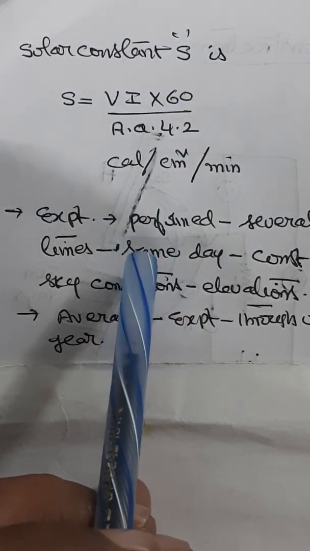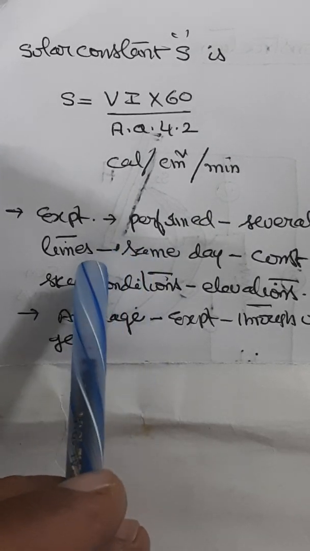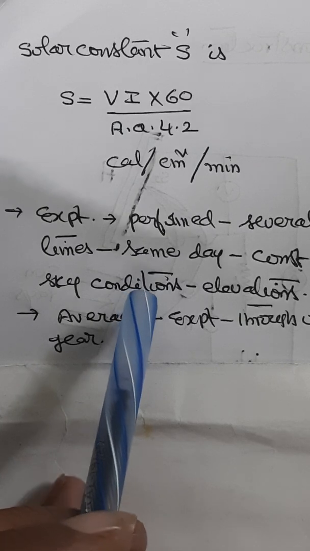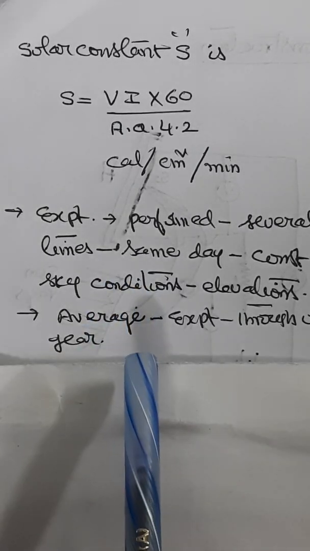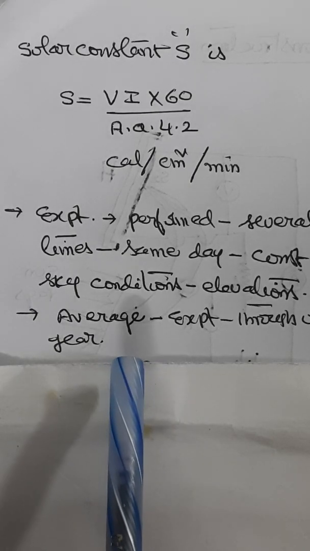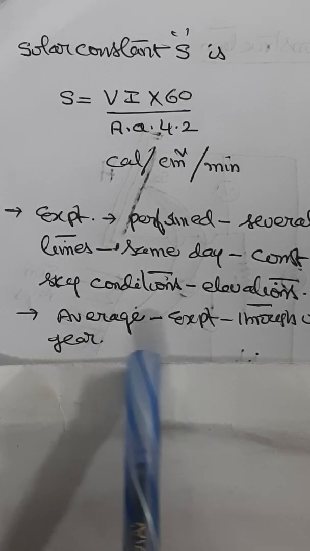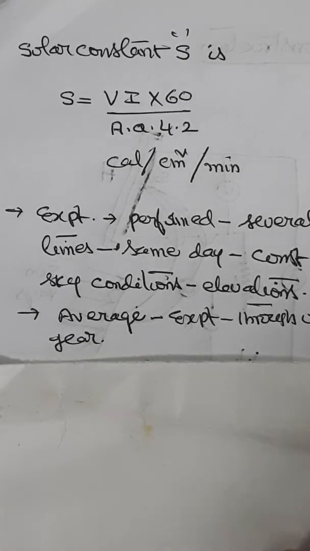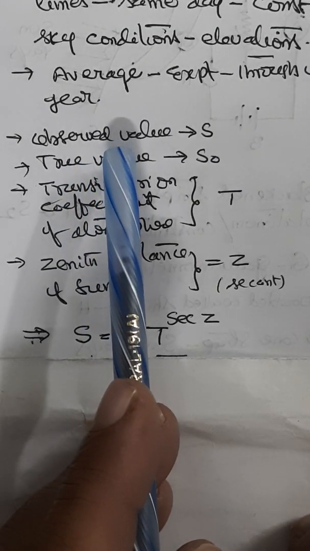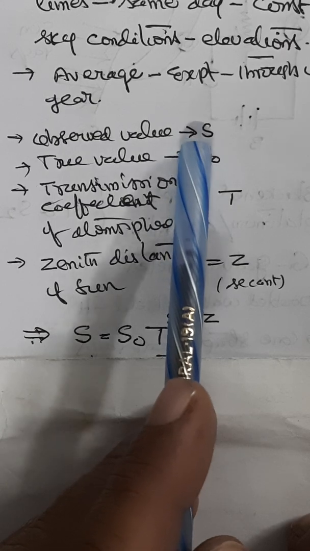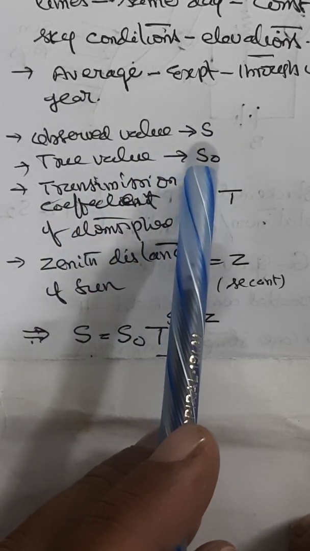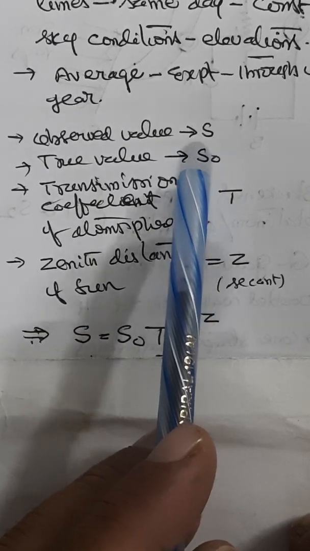Now this experiment was performed several times on the same day under constant sky conditions with different elevations of the sun. So the average value of solar constant was then calculated by performing the experiment throughout the year. On this basis, the observed value of the solar constant is taken as capital S and the true value of solar constant is taken as S0.